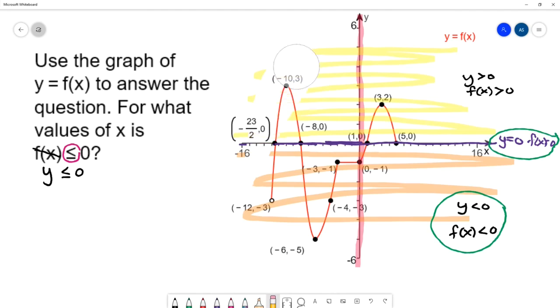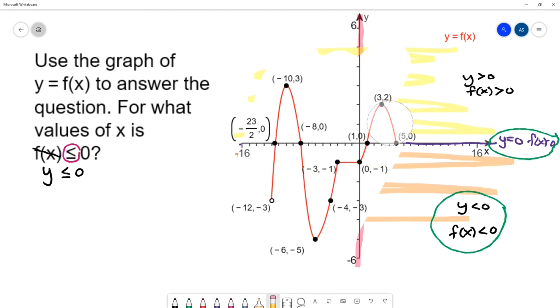Let me erase some of these markings so it's not so cluttered. And let's highlight the portions of the graph that we're interested in. So we want all of the pieces of the graph that are below the x-axis. So let's highlight all the pieces that are below.